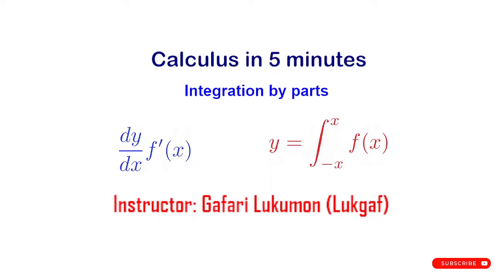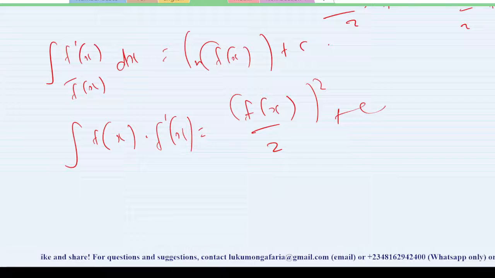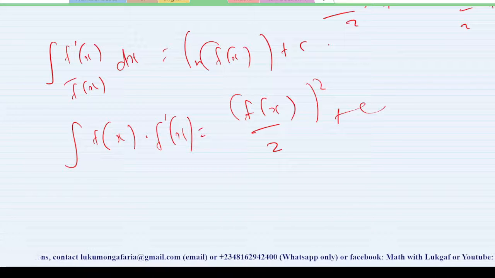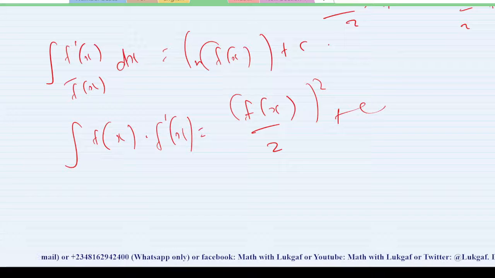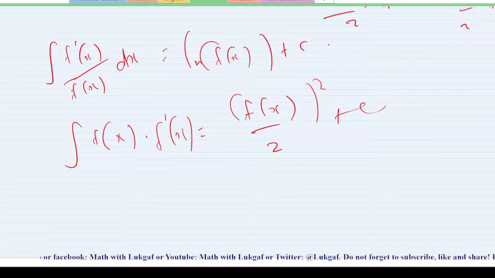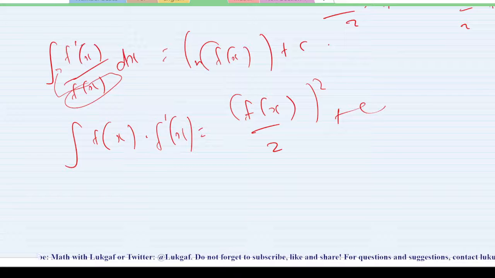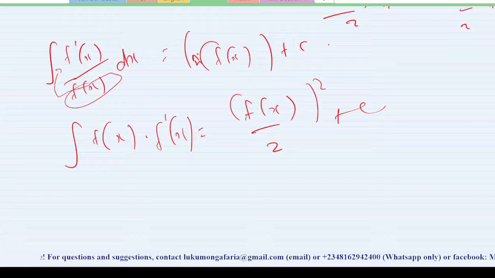Don't forget, the first principle is the integral of the form f'(x) divided by f(x). This means that when you have an integral in the form of a fraction, such that when you differentiate the denominator, it gives rise to what you have at the numerator, then you don't need to stress yourself. You have your integral in the form ln f(x) + c.